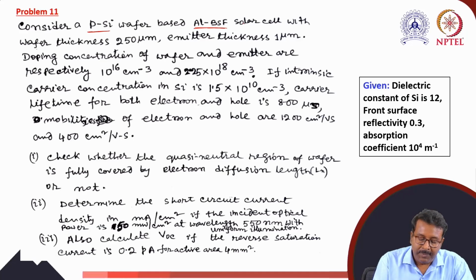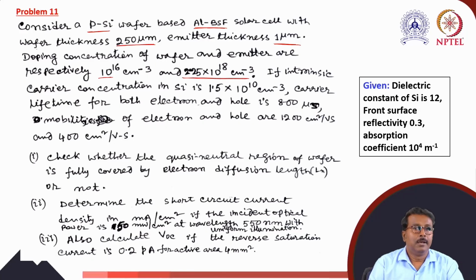You observe the thickness of the absorber layer is 250 micron, whereas the emitter thickness is only 1 micron. And the doping concentration of wafer and emitter are respectively 10 to the power 16 per centimeter cube, and 2.25 into 10 to the power 18 per centimeter cube.